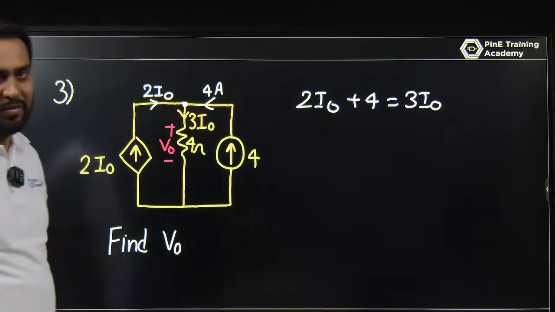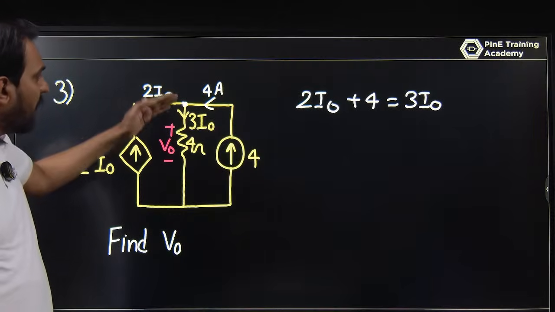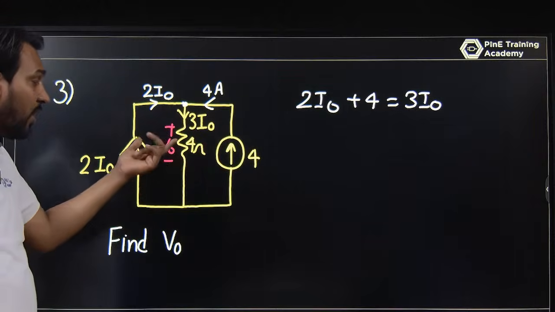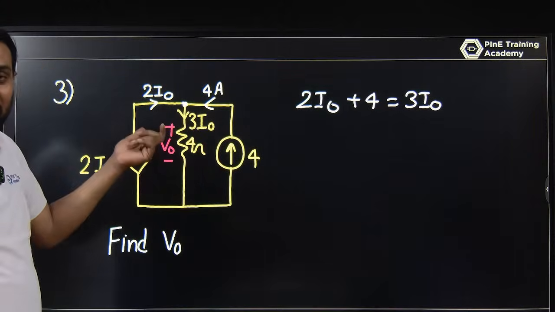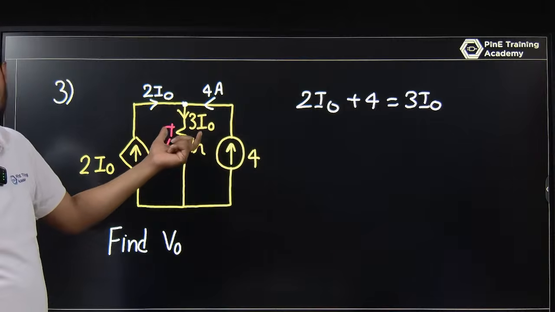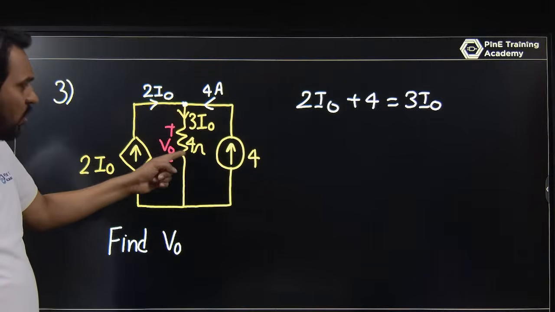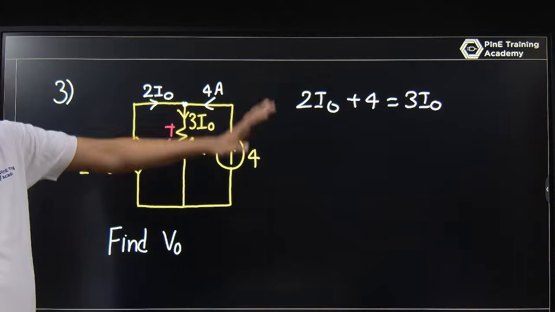One line answer. It may be difficult in looking, but it is easy once you go for the KCL. So 2I0 plus 4 is equal to 3I0.